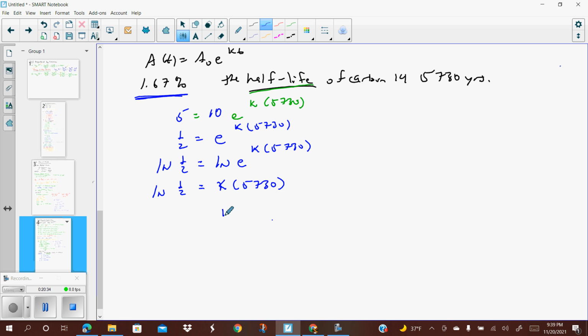So my k value, dividing by what's in that parentheses, is going to be the natural log of 1/2 divided by 5,730. Again, you could get a decimal approximation. At this point, I'm not going to worry about that because I need to use this k value to go ahead and solve the rest of the problem. I think maybe in your book they might actually go ahead and show you what the decimal is, but I prefer not to do that at this point in time.